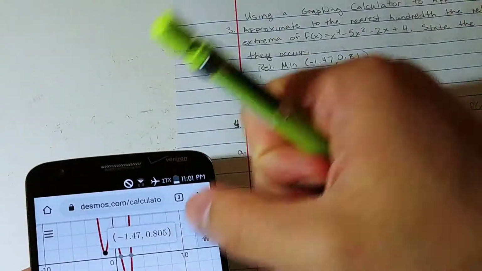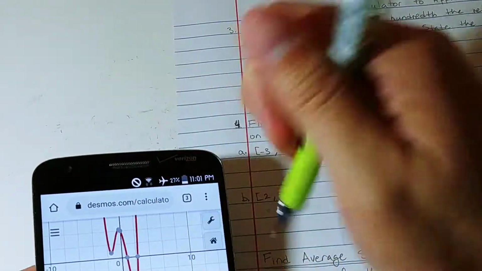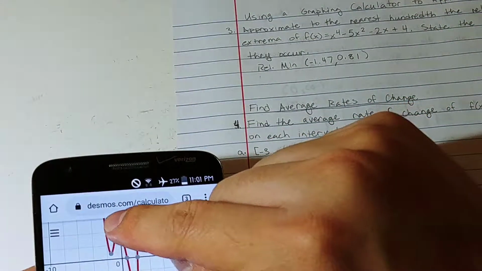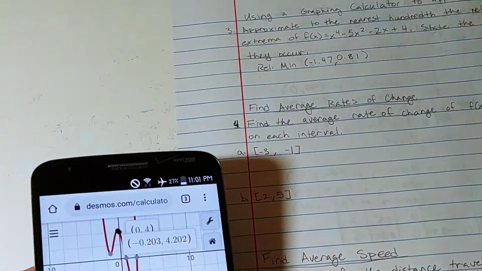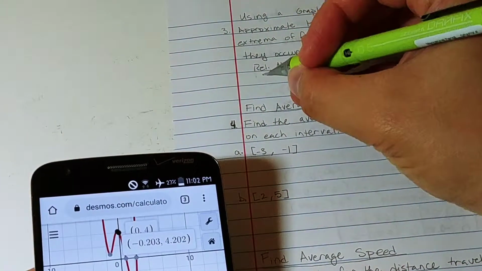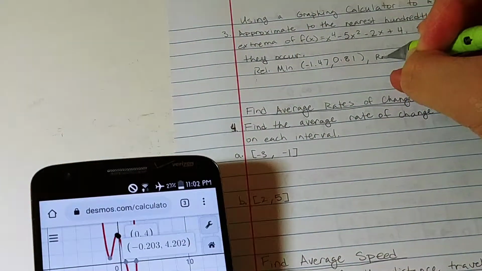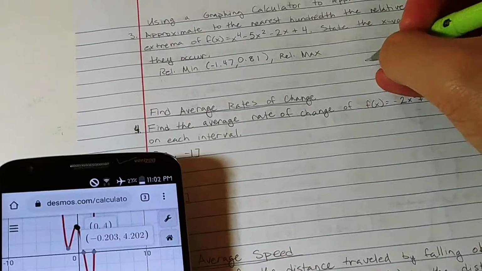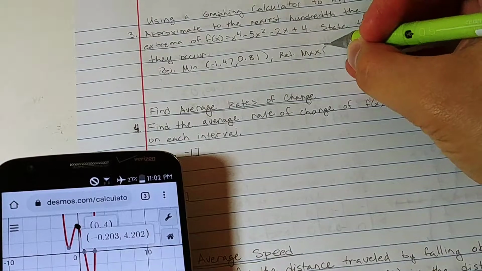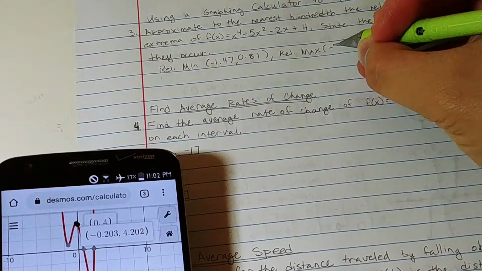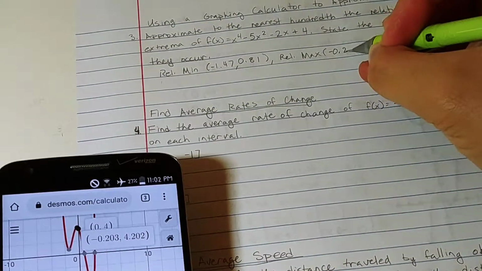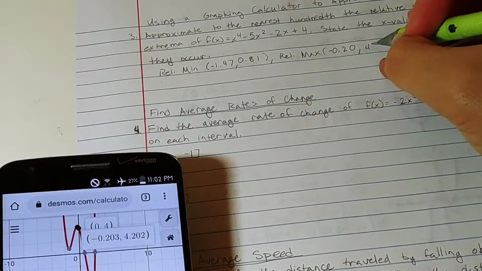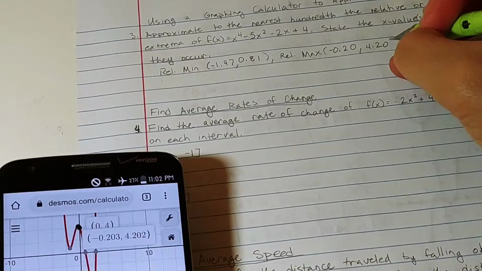Alright. And then we have the relative, not that one, that's the y-intercept, the relative maximum is negative 0.20, comma 4.20.